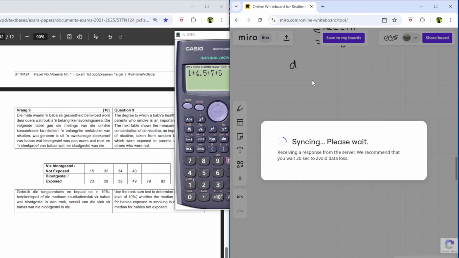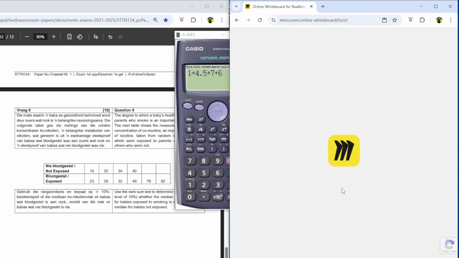To me, the computer has started its shenanigans. Let's just wait for it to sync and finish. Oh boy.